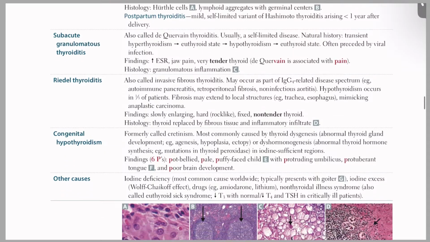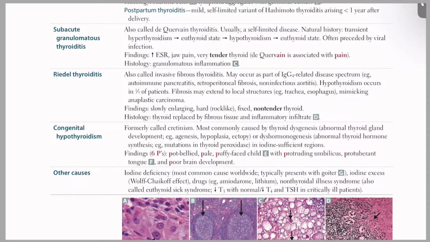Riedel thyroiditis, also called invasive fibrous thyroiditis, may occur as part of the IgG4 related disease spectrum, that is autoimmune pancreatitis, retroperitoneal fibrosis, non-infectious aortitis.